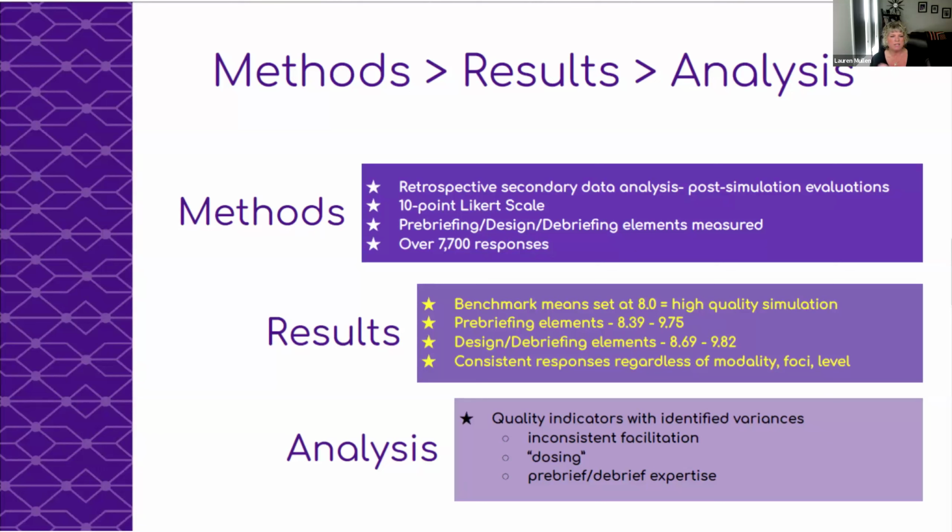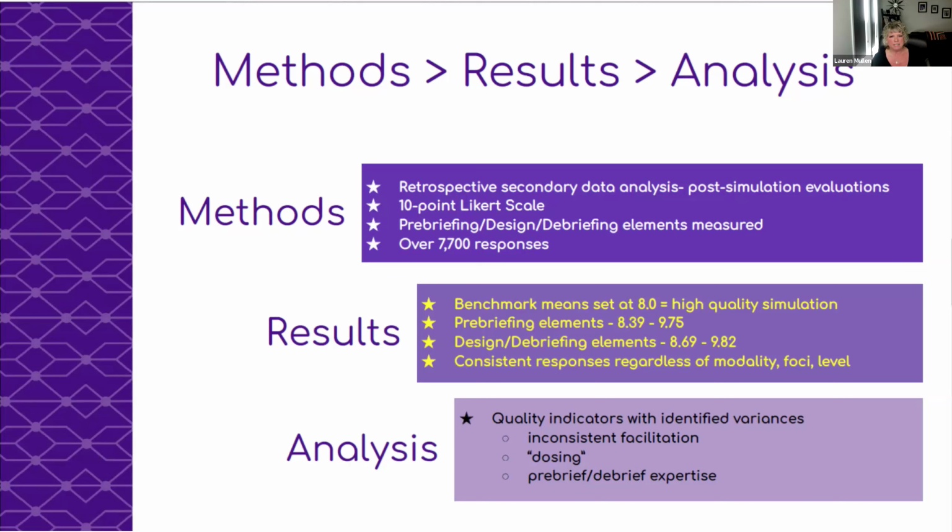Our results were that we set a benchmark mean of 8 to define high quality simulation. For our program, these were the means for pre-briefing elements, design, and debriefing elements. We had consistent responses regardless of the modality, the focus, or the level of the student.